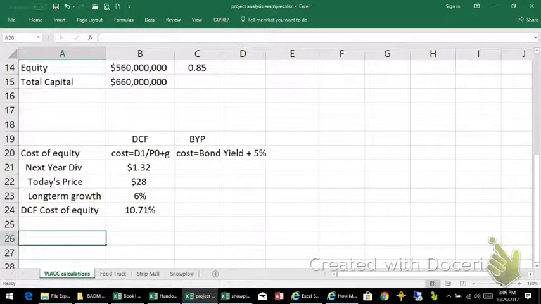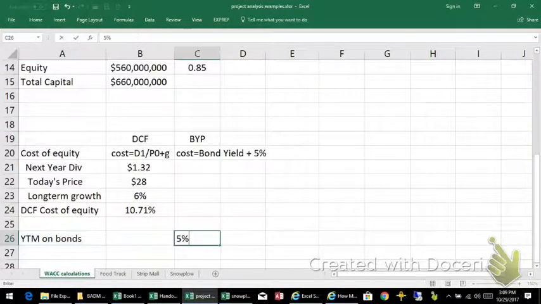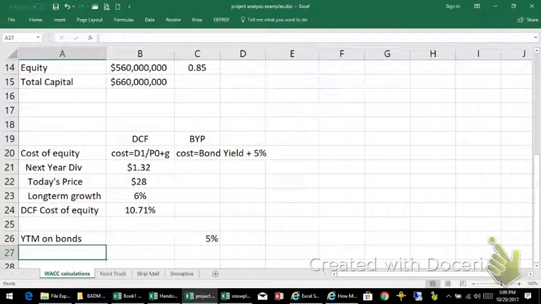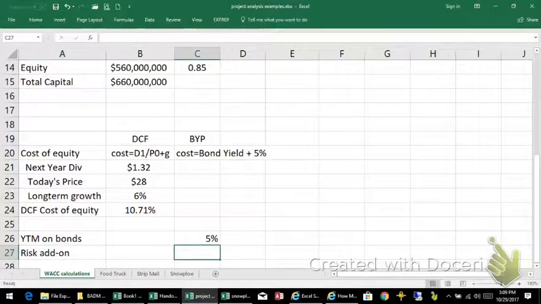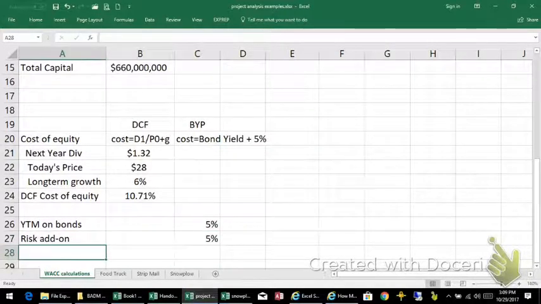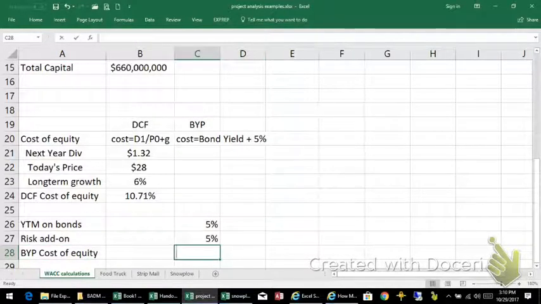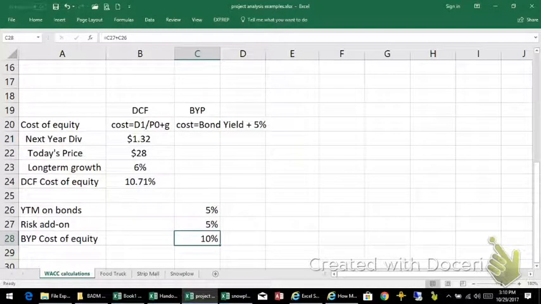So I need to know the yield to maturity on bonds, and that's given in the problem at 5%, and then the risk add-on would be 5%. So the bond yield plus cost of equity would be that plus that, or about 10%.